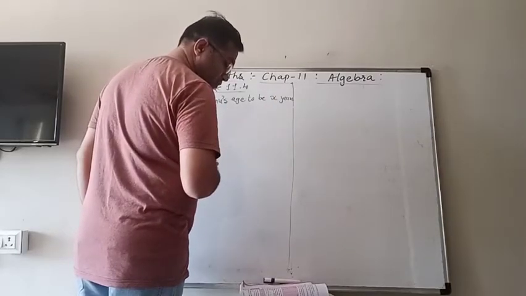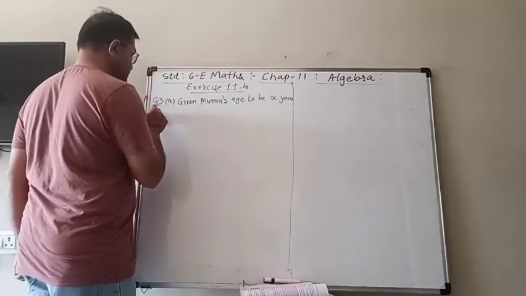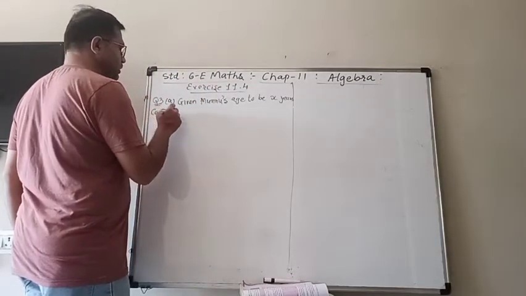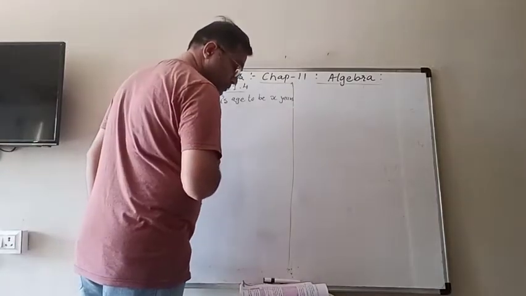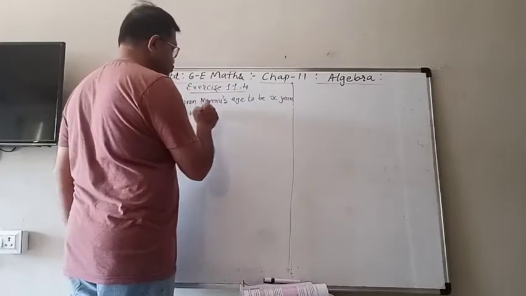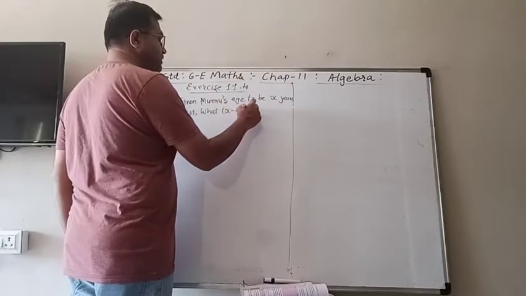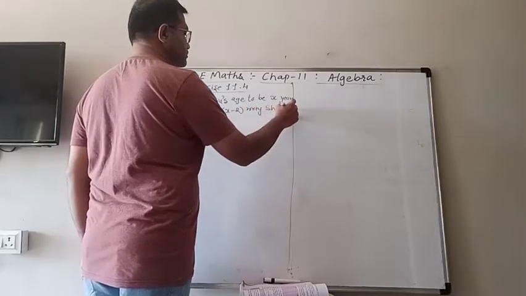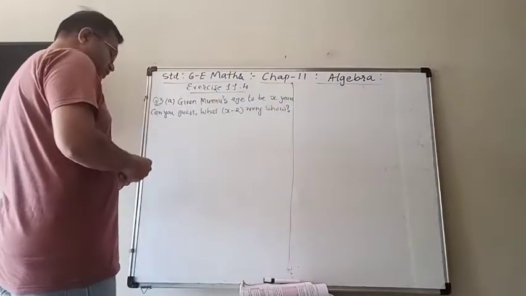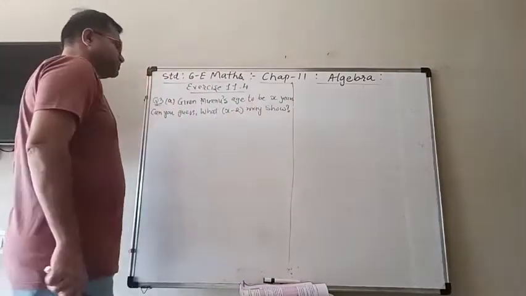Now, can you guess what X minus 2 may show? Here Munnu's age is X years.